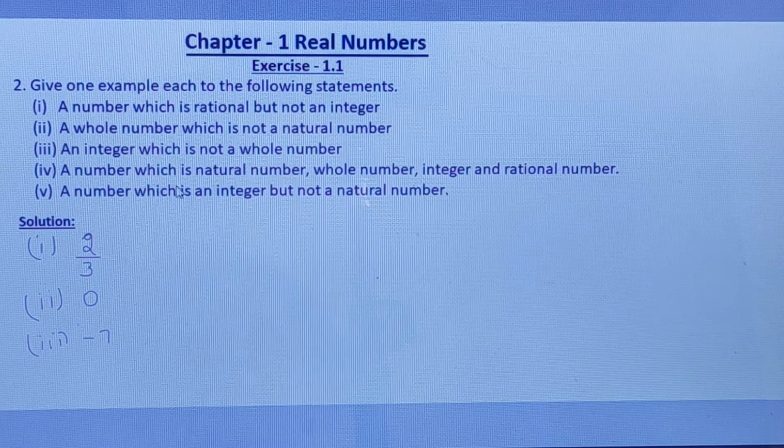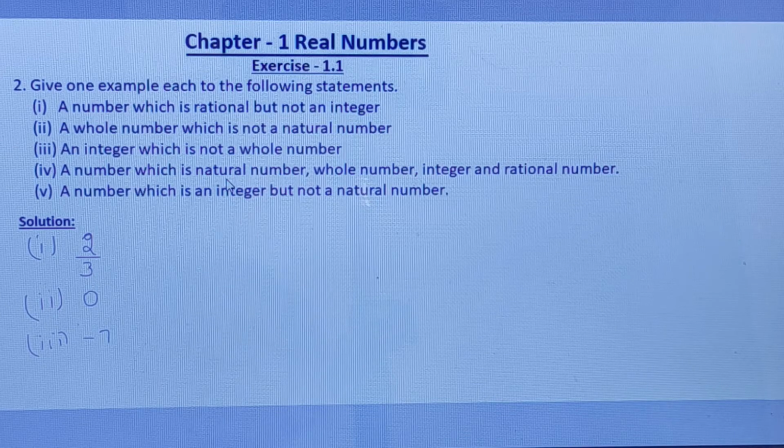Fourth one, a number which is a natural number, whole number, integer and rational number. So you have to consider a number which is a natural number, whole number, integer and also a rational number.